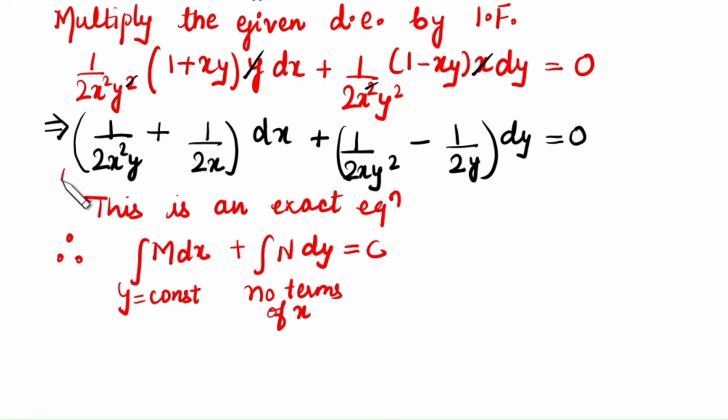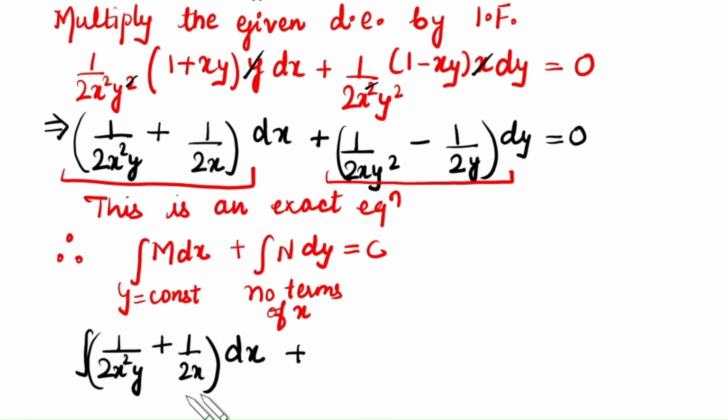According to this, the value of M is this and the value of N is this. Substitute the value of M here and we get this form. From N we just need to take the terms that contain y. It means we are not considering this term in this integration. So we have −1/(2y) dy = constant.